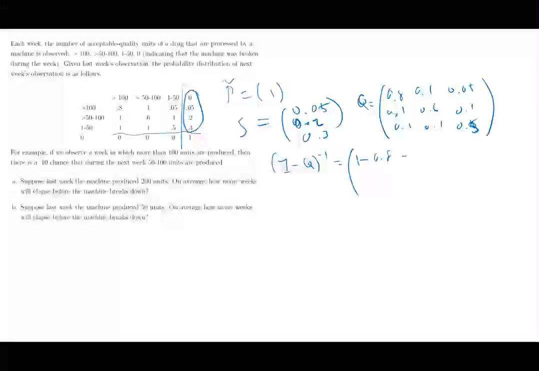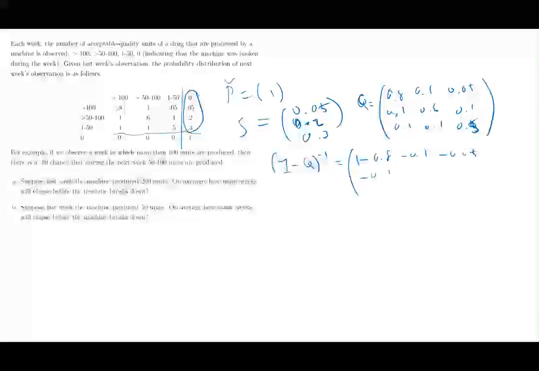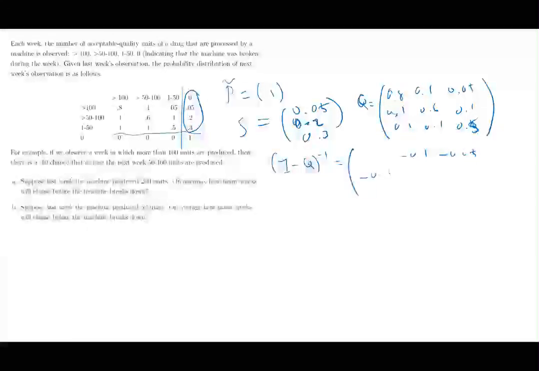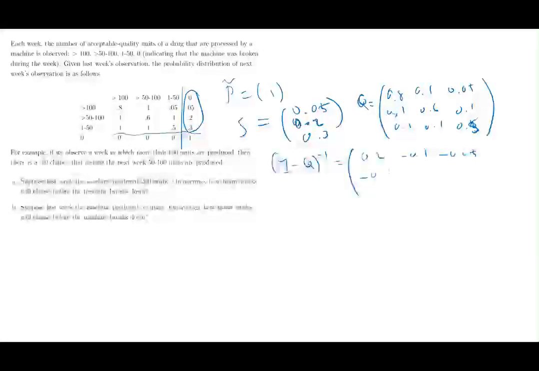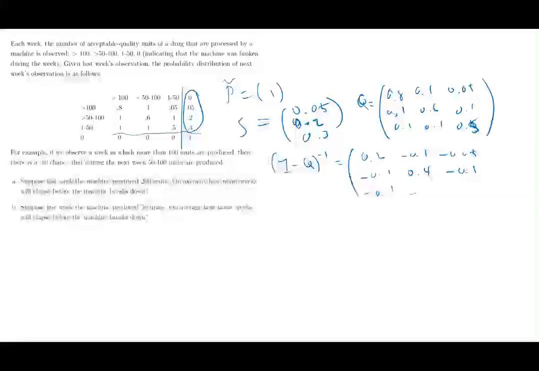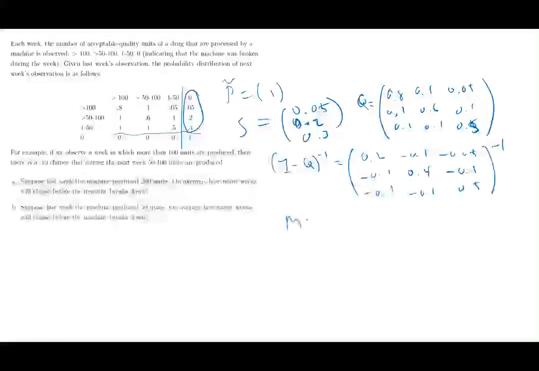I'm going to rewrite this, because it's a little bit confusing. 1 minus 0.8 is 0.2. This will be 0.4, minus 0.1, minus 0.1, minus 0.1, and this will be positive 0.5. And I need to invert the whole thing. Once you invert it, you'll get the fundamental matrix.